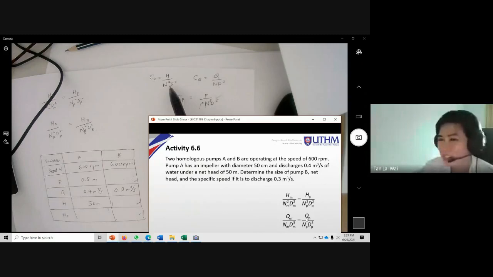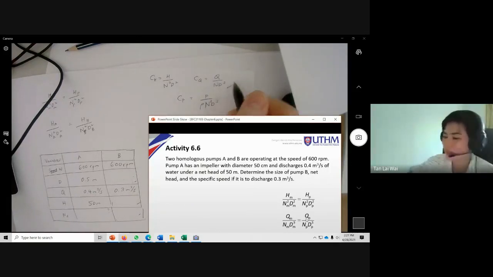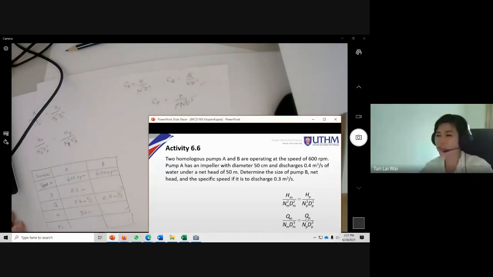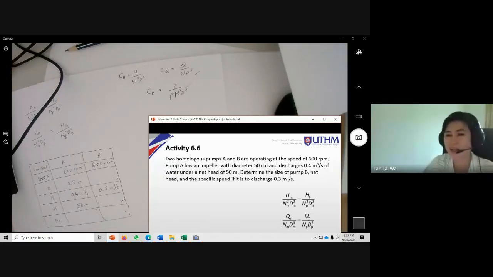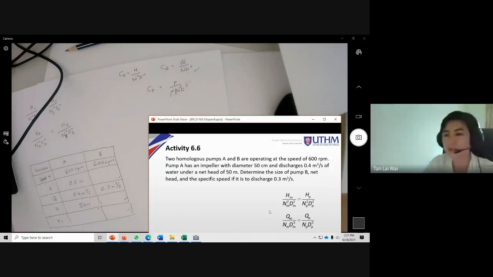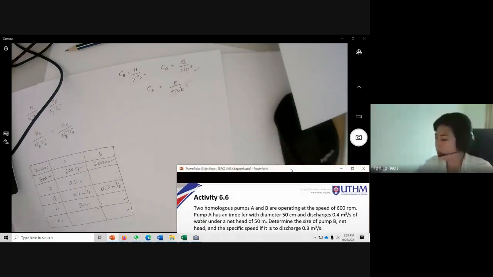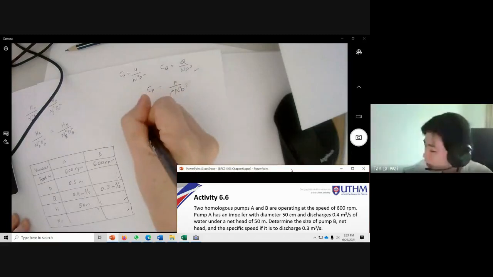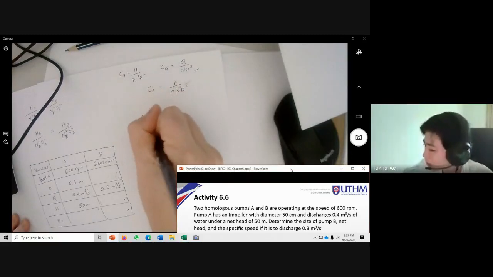But if you use the other one first, you have two unknowns, so you can't really solve it. So we are going to use the law for discharge first. Let's try it out. So we have Q over N D cubed.